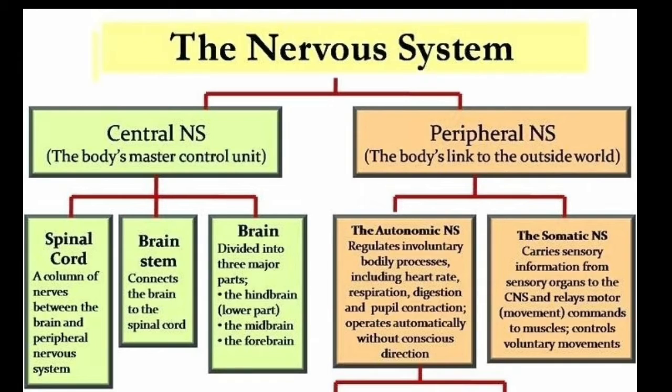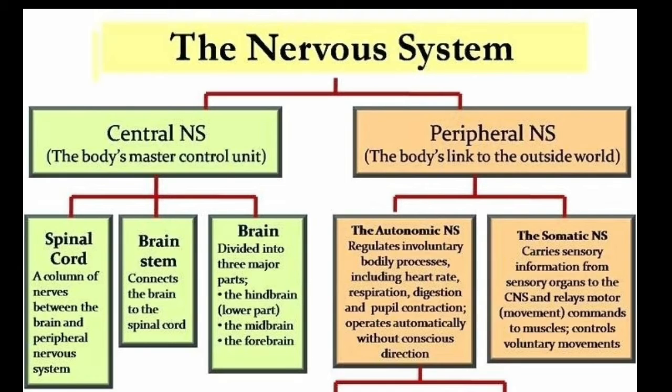It operates automatically without conscious direction. That means they are involuntary actions that are not under our control. For example, beating of the heart, breathing in and breathing out, are not under our control. You cannot tell your heart to stop beating, or tell your lungs to stop taking oxygen in and throwing carbon dioxide out. Those are involuntary actions which are controlled by the autonomic nervous system.